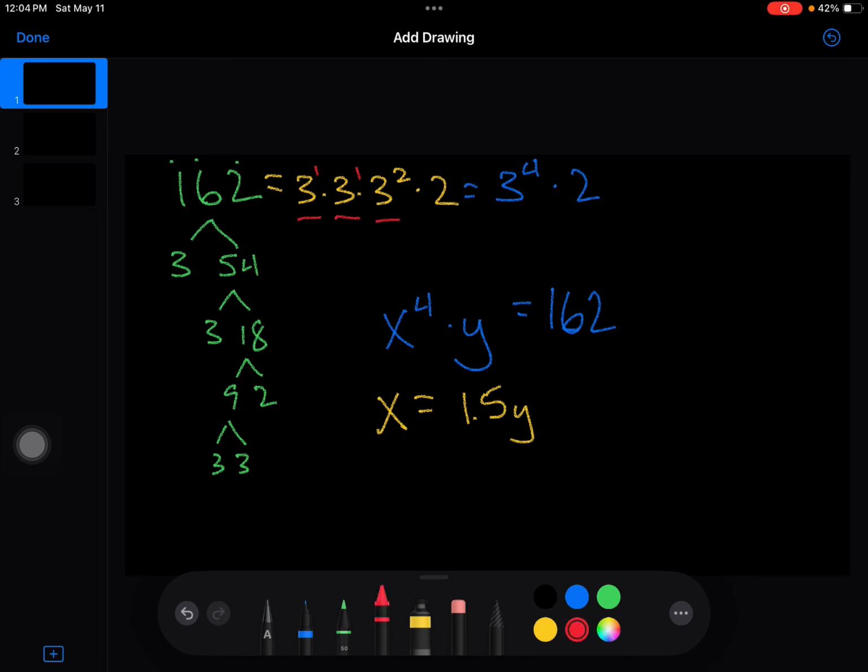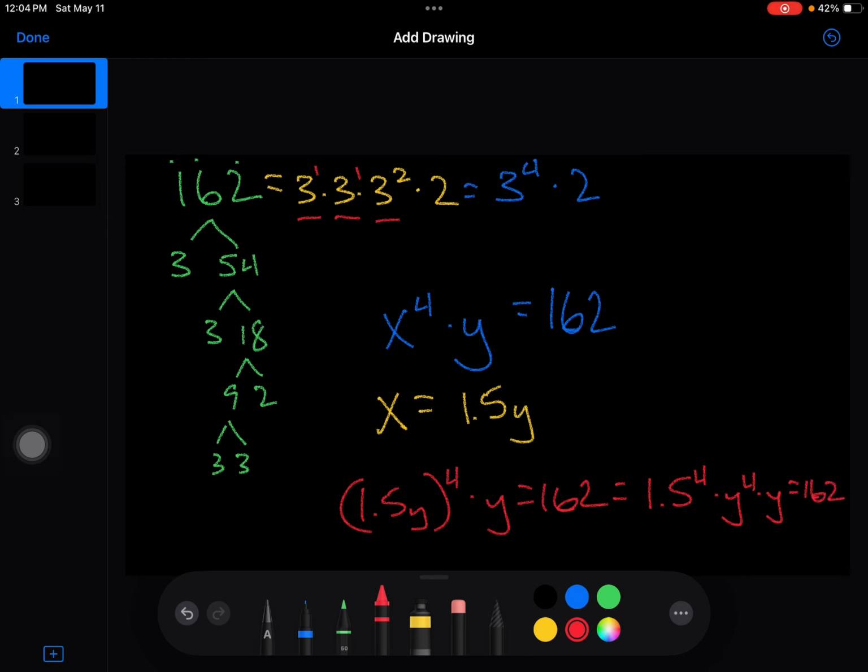Let's look at if x is equal to 1.5y, then we've got 1.5 to the 4th times y to the 4th. Or if you wanted to go step by step, 1.5y to the 4th times y is equal to 162. And so 1.5 to the 4th times y to the 4th times y equals 162.